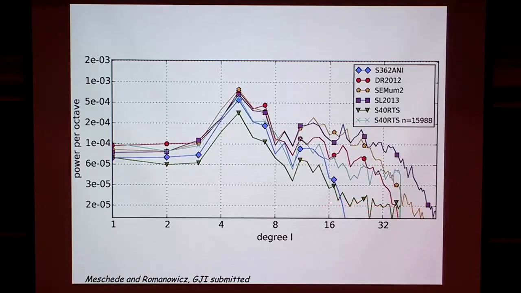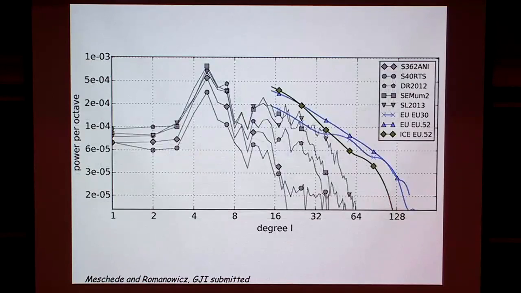There must be a regularization problem here at short wavelengths, but the other models have pretty much the same trend. And if you compare them with some of the most recent regional models that have been constructed with modern, waveform-based techniques, you can actually continue the trend of the spectrum to even shorter wavelengths quite continuously from the global to the regional models.